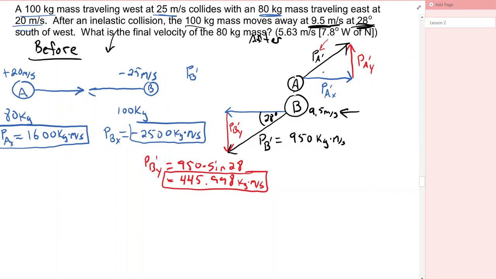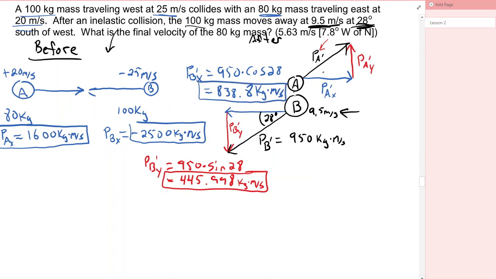Momentum of B after in the X is going to be equal to 950 times, and this is the adjacent side, so it's going to be cos. So cos 28. So that's going to be equal to 838.8 kilograms times meters per second. I'm going to put a box around that because I need that as well.